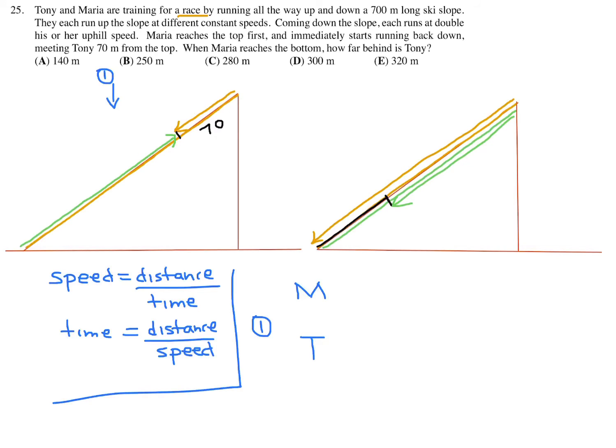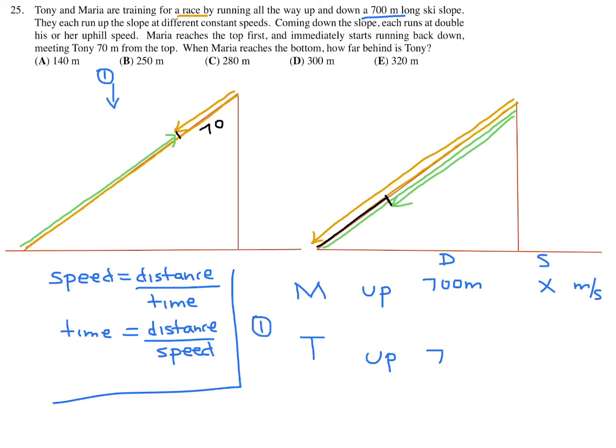When Maria is going up the hill, she has to travel 700 meters because that is the length of the ski slope. And her speed, we don't know. So we'll just call it x, no problem. X meters per second. Okay? Tony, when he goes up, he also is going up the same distance, 700 meters.